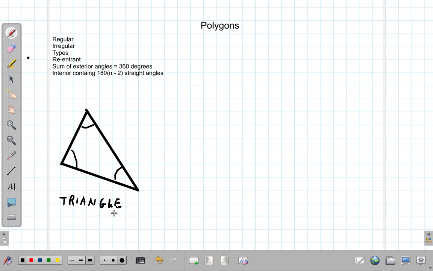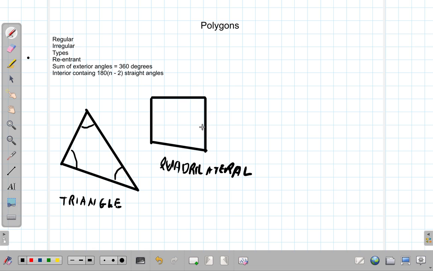Then you have the quadrilateral. For example, this. 4 sides, 4 angles, right? So that's a quadrilateral, 4 sides and 4 angles.